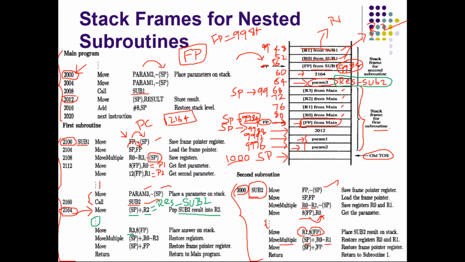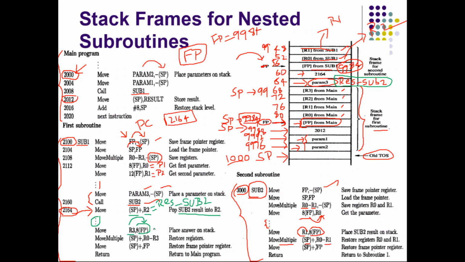Now its result should be saved somewhere. So it is doing move R3 comma 8 of FP. In this location it is storing the result of subroutine 1. Currently the result of subroutine 1 is available in R3, and that should be stored in some memory in the stack. So this instruction is getting executed.